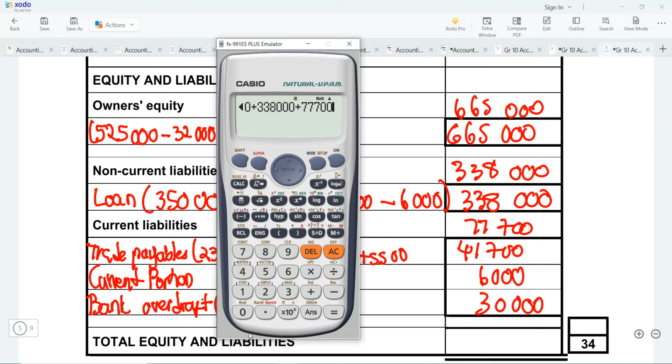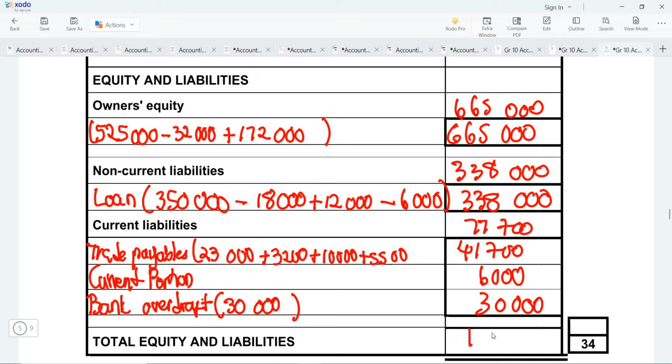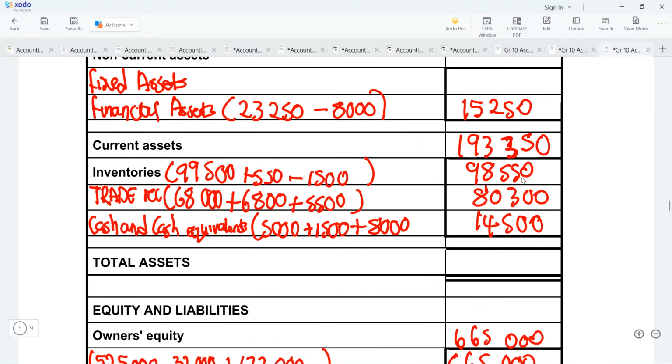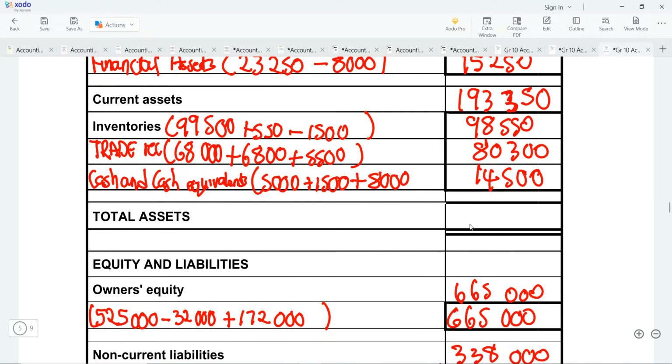So meaning that our total equity and liabilities will be 1,080,700.